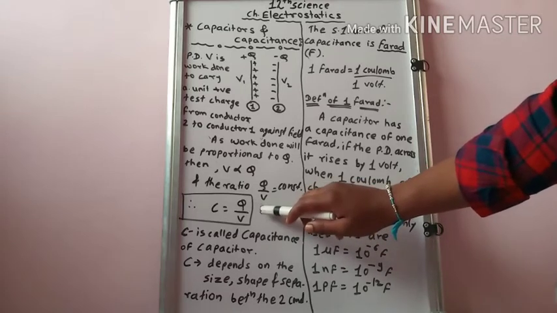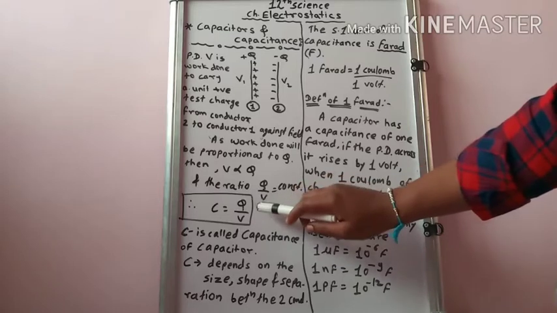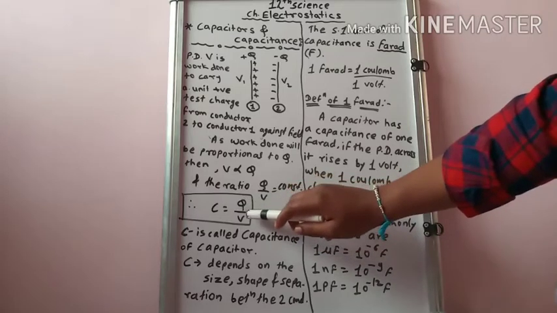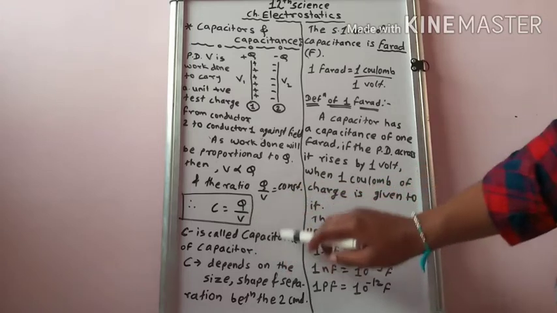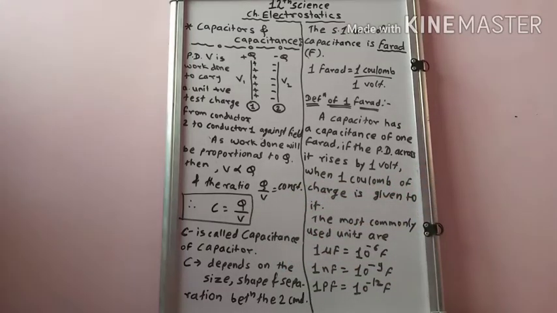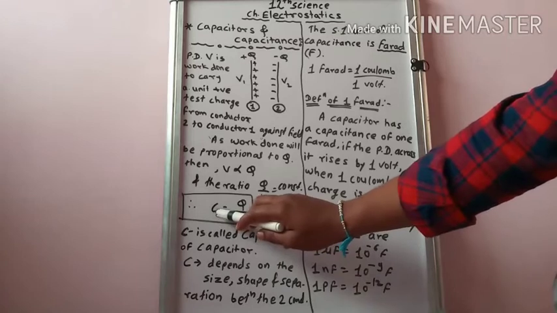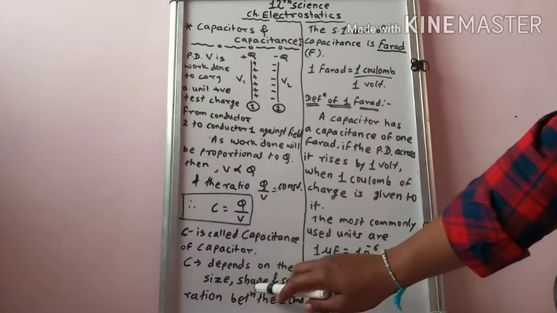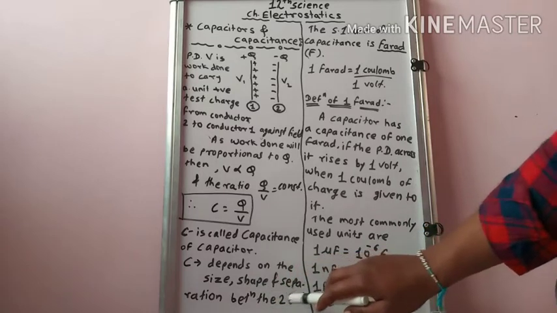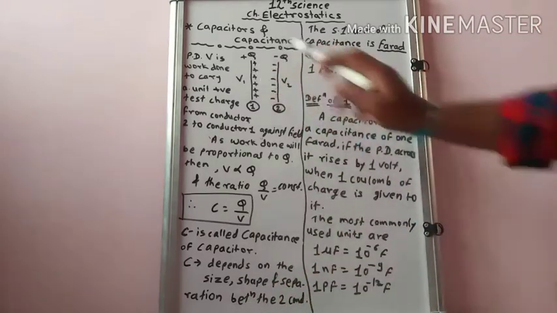It is a very important formula. C is equal to Q upon V, that is charge per potential difference. This capacitance C depends on the size of the conductor, shape of the conductor, and the separation between the two conductors.